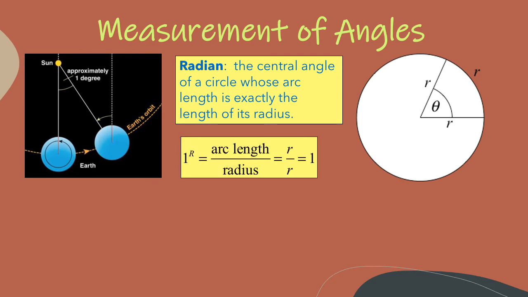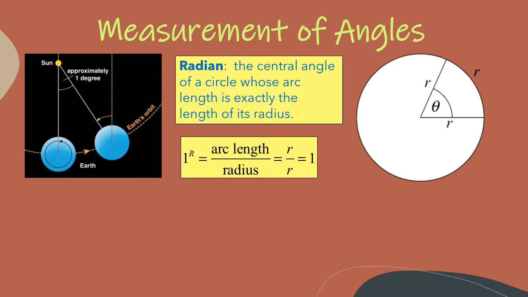A radian is the arc length of the circle divided by the radius. And because the units of those measurements cancel out, a radian is a pure number, meaning that no units are needed.